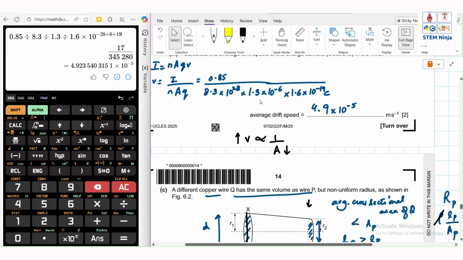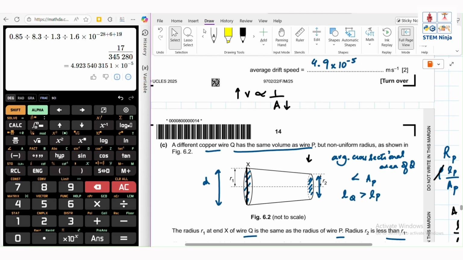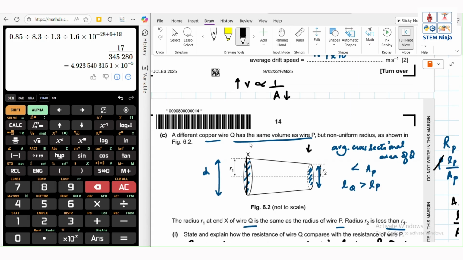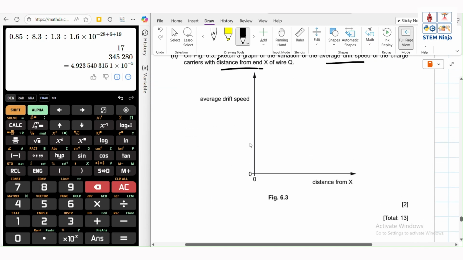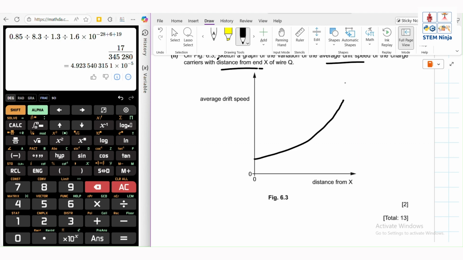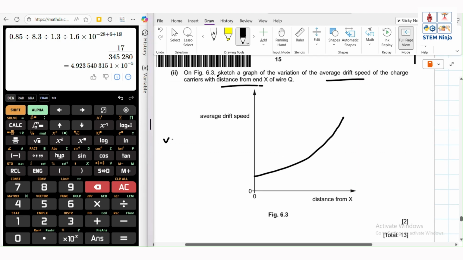So simply this would be like this. This would be an increasing gradient because it is inversely proportional to A.